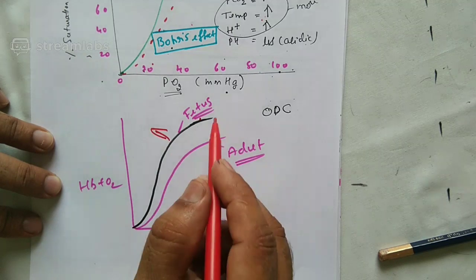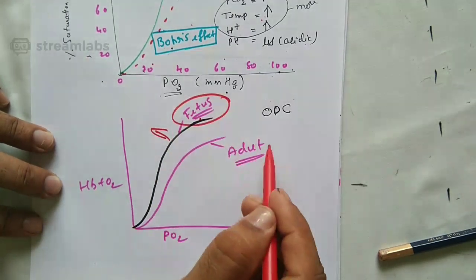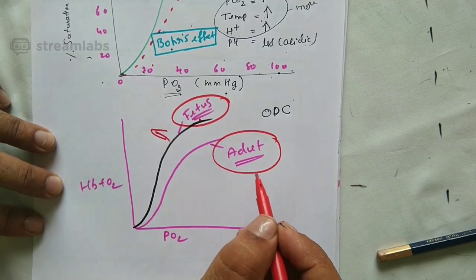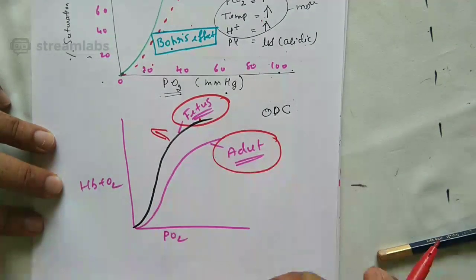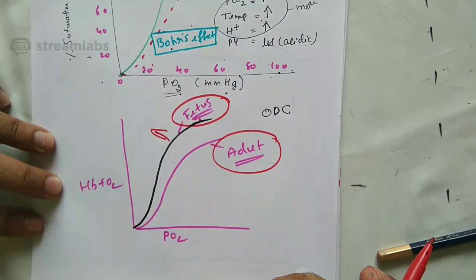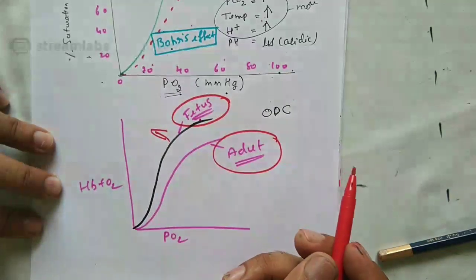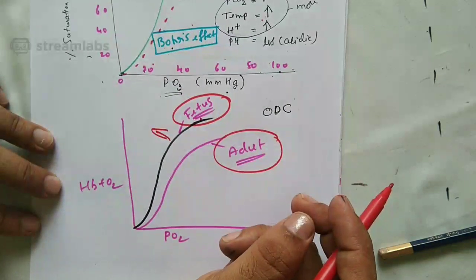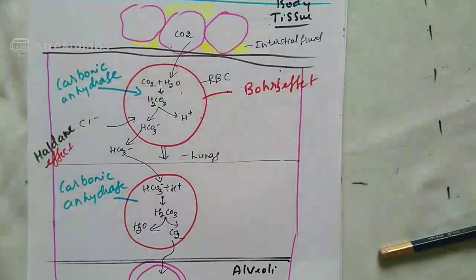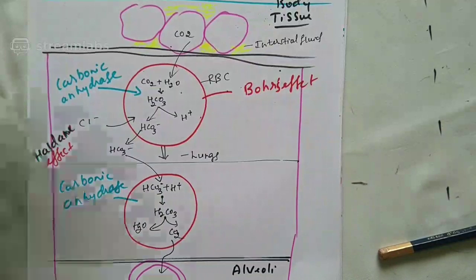So this is the ODC, oxygen dissociation curve of the fetus and adult. Please remember, who has more affinity for oxygen? It's the fetus. Hemoglobin has more affinity for oxygen in the case of the fetus because of its alpha and gamma chains. Clear? With that, we are moving to the transport of carbon dioxide quickly.